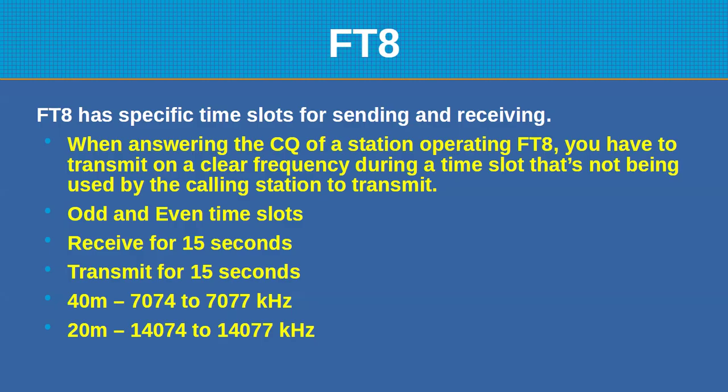Like I said, FT8 uses a 30-second window, 15 seconds for receive and 15 for transmit. Now, technically, it's about 12 and a half seconds. So there's a few seconds extra in there for it to do its thing. But it still takes 30 seconds to do the transmit and receive.